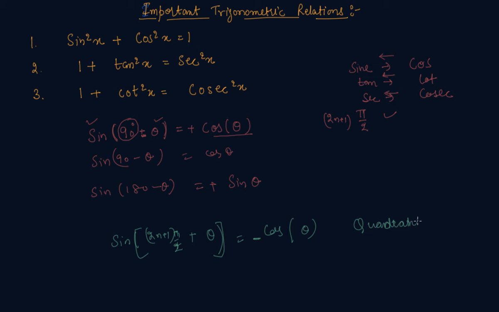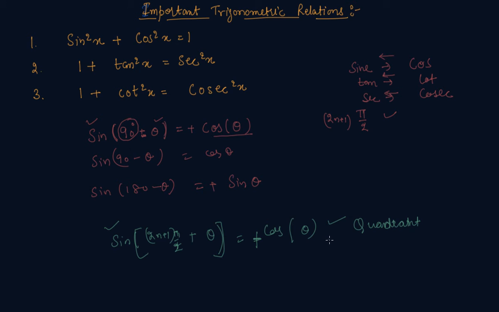If this is in the second quadrant where sine is positive, then the answer is positive. If it is lying in the third quadrant, then it will be negative, and if it is in the fourth quadrant, then the answer will still be negative.